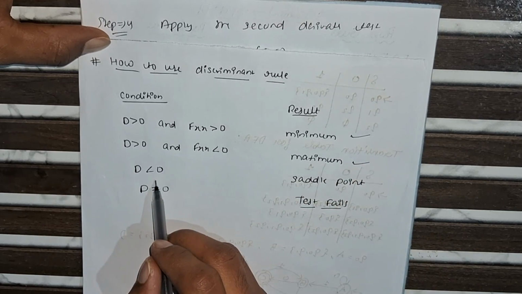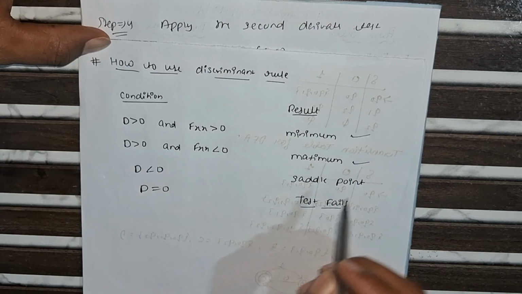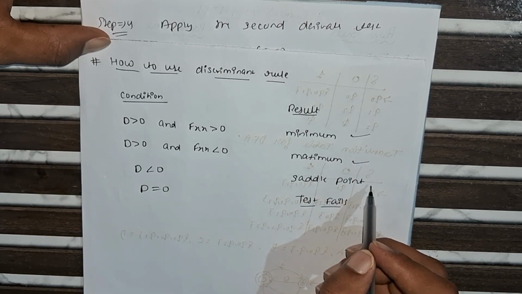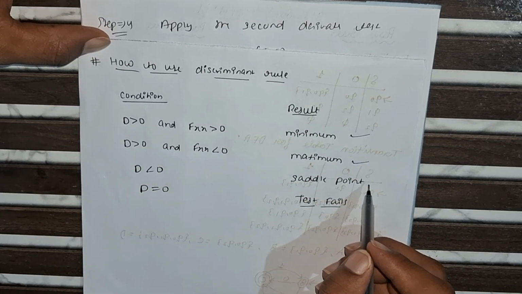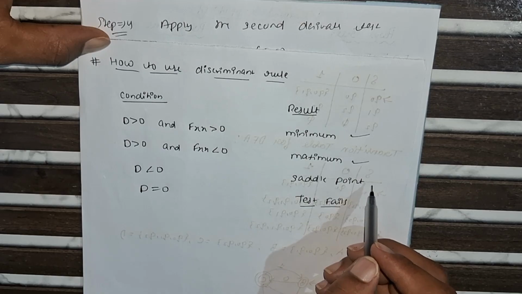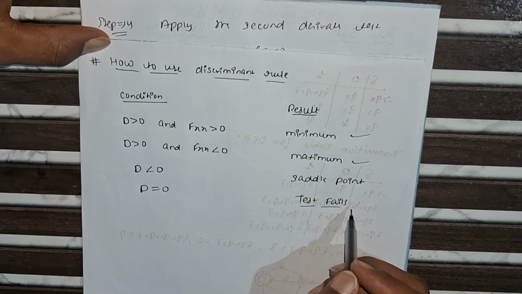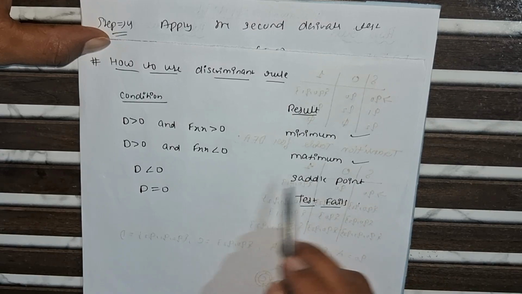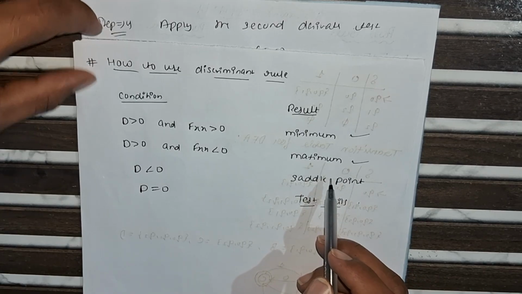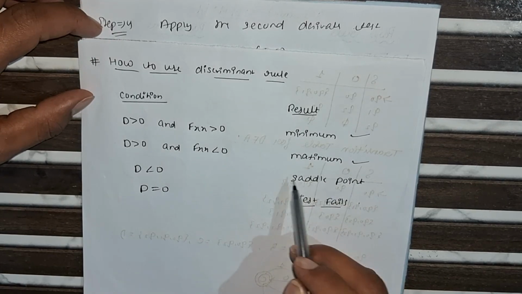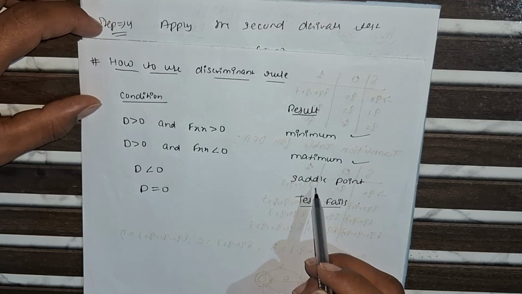If D less than 0, means discriminant less than 0, it gives the saddle point. Saddle point means there are 4 points, means x1, x2, y1, y2, like that. If discriminant equals to 0, our test fails. So these are the conditions and these are the results we have to follow. So according to this condition, we are evaluating our answers.